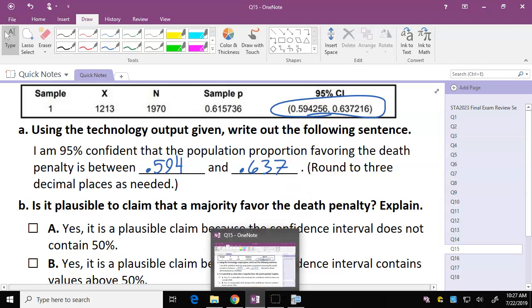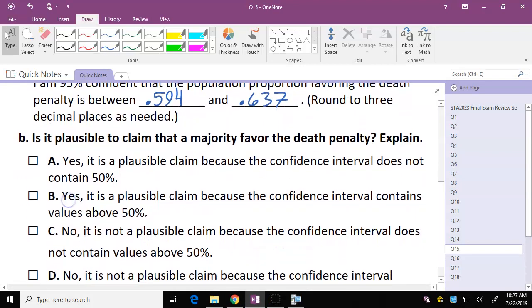Okay? So then the question is, is it plausible to claim that a majority favor the death penalty? Explain. B, you say yes. It is possible because the confidence interval contains values above 50%. And I agree.